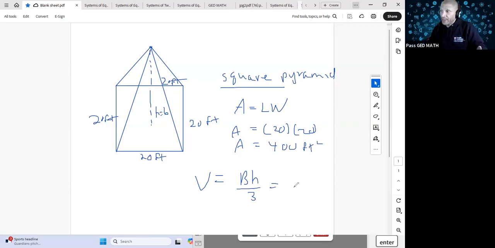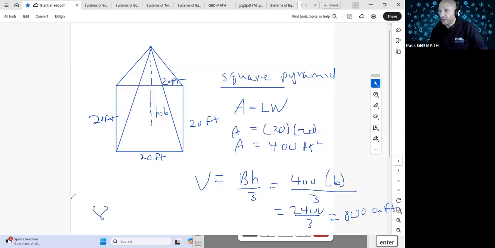So I know my area of the base is 400, and my height, which was given to me, is 6. Because it comes to a point, I need to divide by 3. So that's 2,400 divided by 3, which is 800 cubic feet, or 800 feet to the third power.